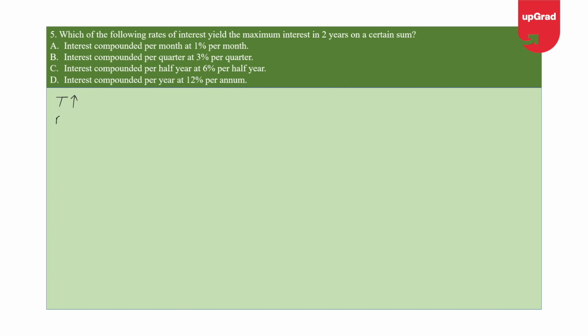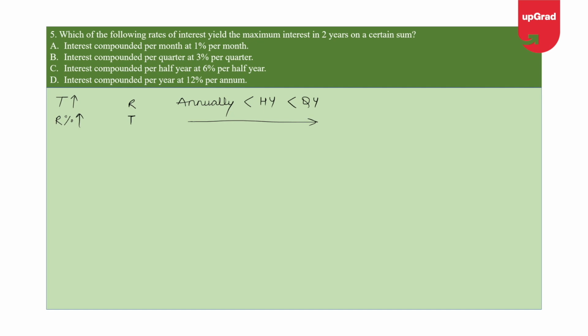If we are increasing on rate of interest, again the interest amount will increase. But also, if we are calculating something annually, it will be less than if we are calculating it as half yearly, and it will be less than if we are doing it quarterly, which means for the same value of rate and time, this is the increasing pattern.